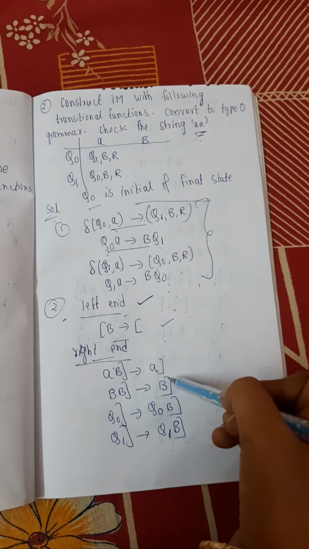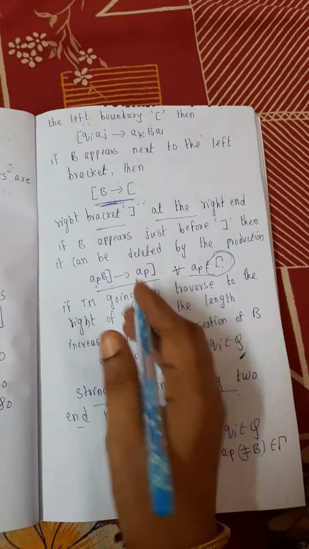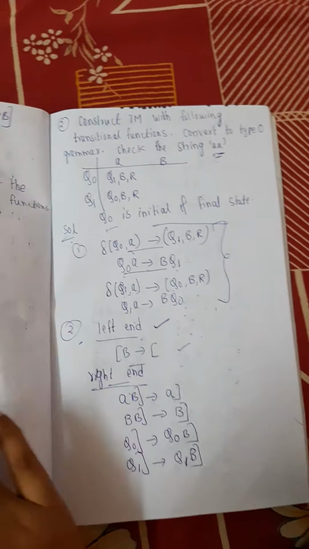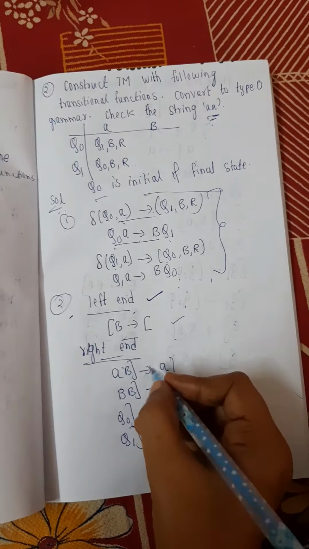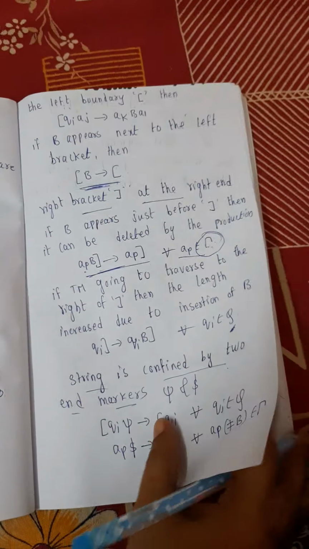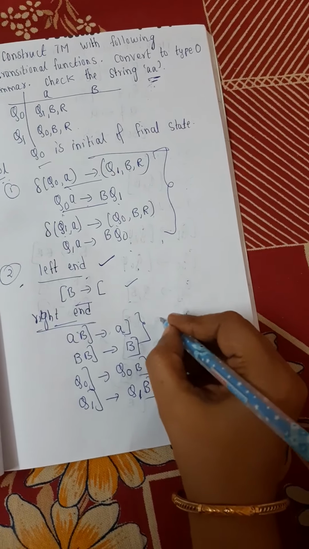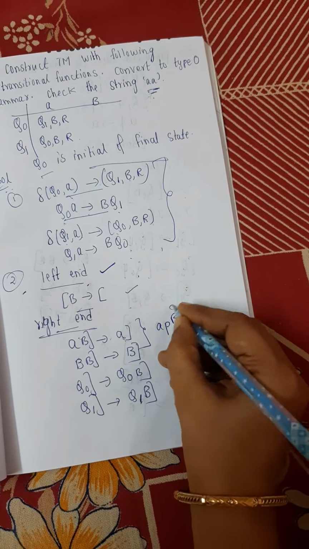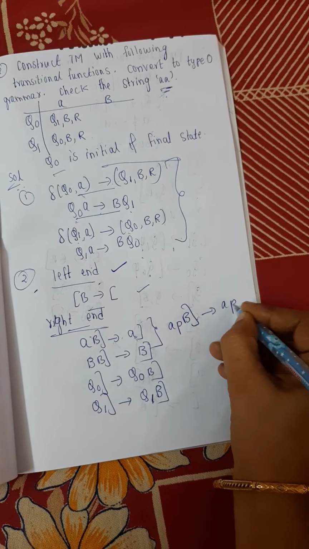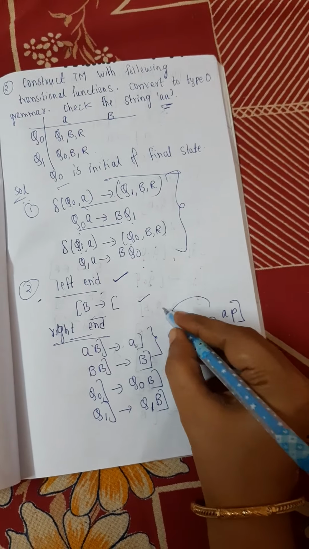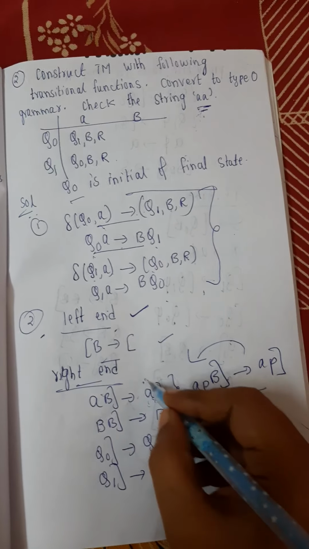B. The same thing I am writing here. So this is for all the inputs; we have taken two inputs. I'll write down here again: AP, B tends to AP. By using this, I have written these two productions here.